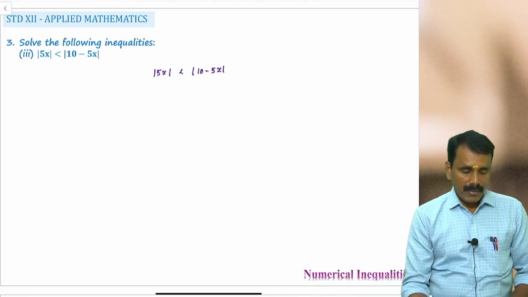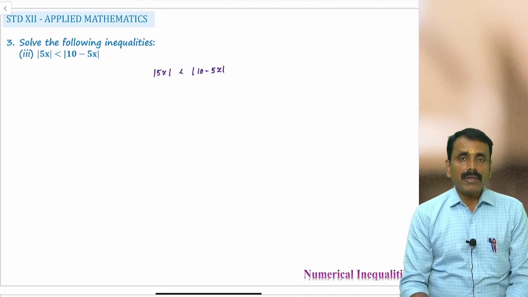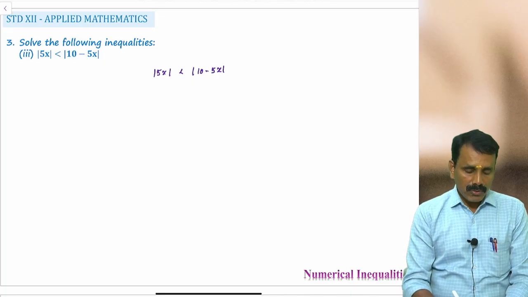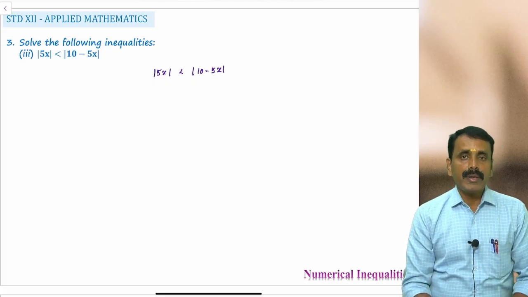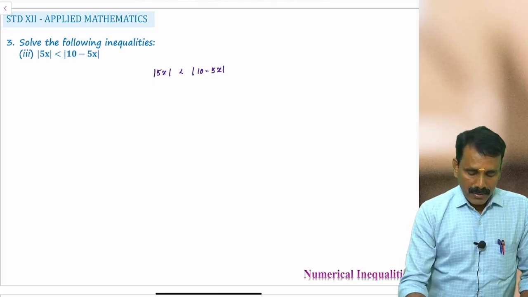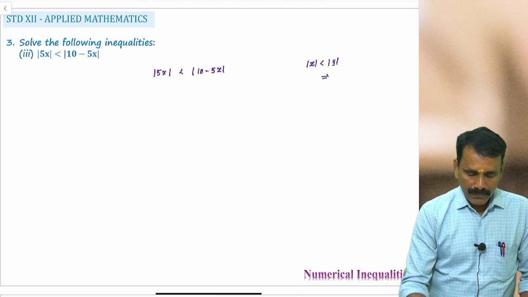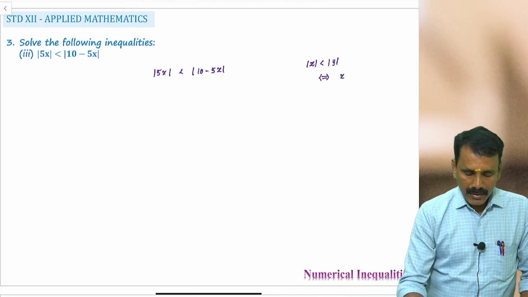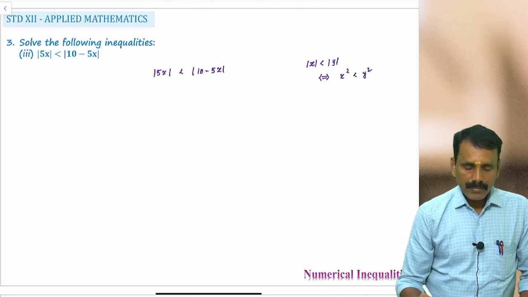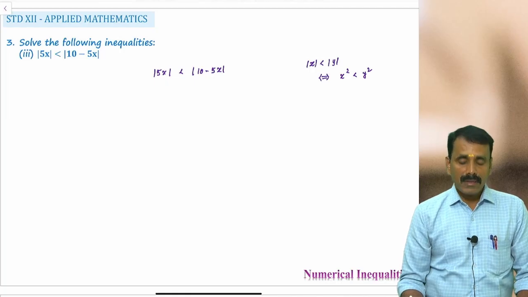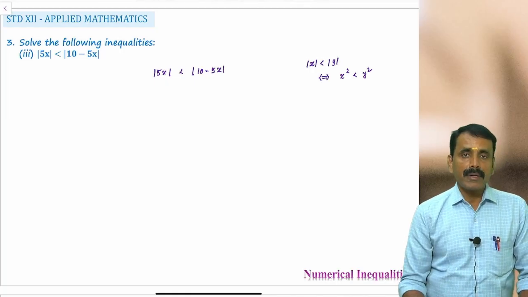Here in this particular inequality, we are having modulus on the left hand side as well as on the right hand side. So, to solve this inequality, we are going to make use of the property: mod x is strictly less than mod y if and only if x square is less than y square. So, apply the property now.